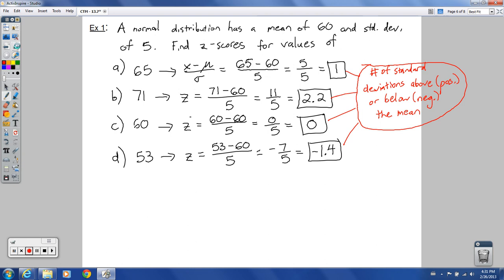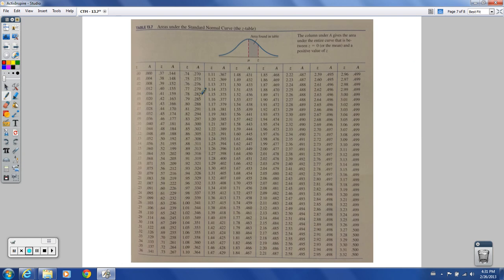Now here is a z-table. At first, you're going to look at this and be like, what the heck is going on here? We're going to use this z-table to figure out the percent chance of certain things happening, or how many percent of the population maybe is included within a certain standard deviation or 2 standard deviations or whatever standard deviations of the specific value in question, or how many of the people or whatever we're looking at lie in a certain range.